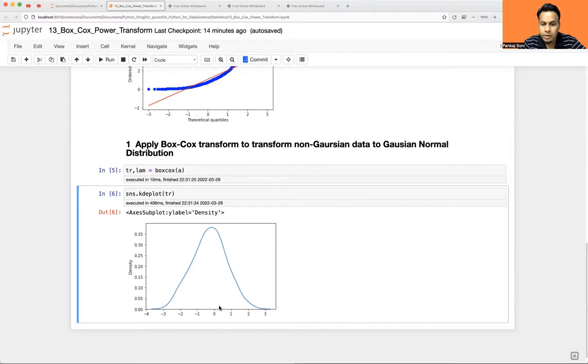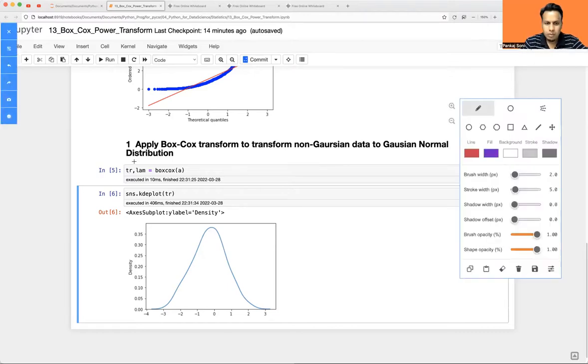Now the moment you got this, you can clearly tell, my mean is exactly at 0. So I can tell my 68% data is lying between mu plus minus 1 sigma.